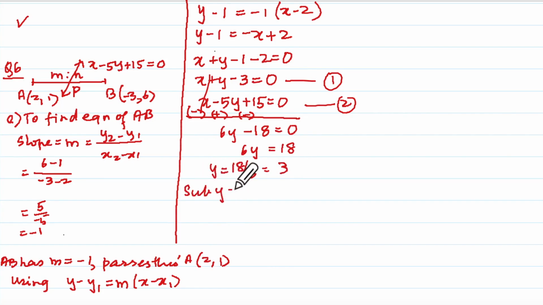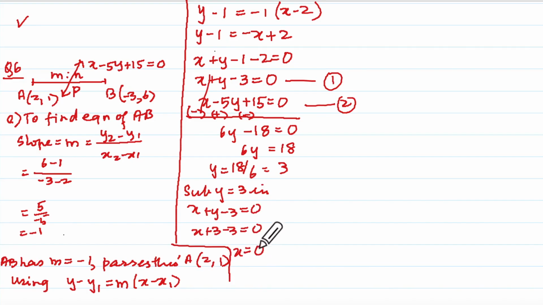Substitute y equal to 3 in x plus y minus 3 equal to 0. So x plus 3 minus 3 equal to 0 will give us x equal to 0, correct? If we substitute in this one also, will we get the same thing? 3 fives are 15, yeah? If you substitute in this also, you'll get the same thing. x minus 15 plus 15, correct?